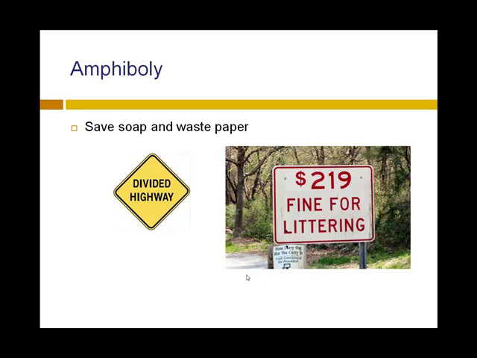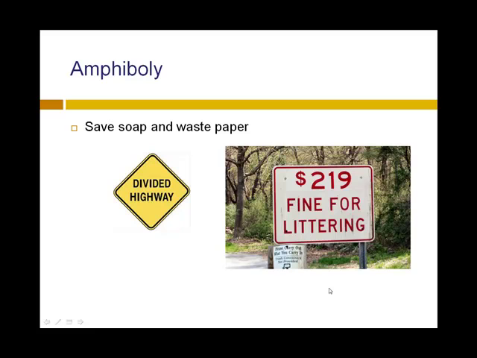Another example, I think, that comes out of our ordinary experience is that known as divided highway. And I think amphiboly occurs here with a sign. You've probably seen many of them that say "fine for littering." When you have a situation like that, of course, it makes it appear as though it's okay to litter. But in fact, it isn't really okay to litter.